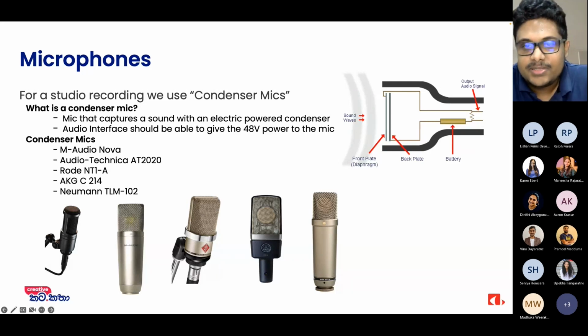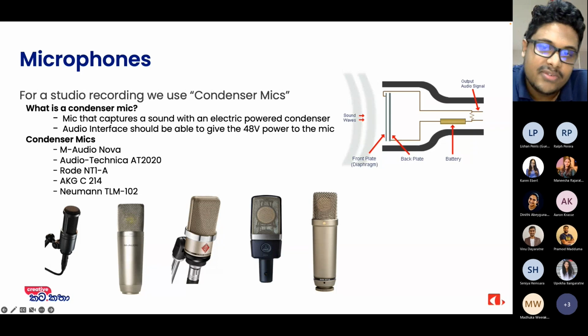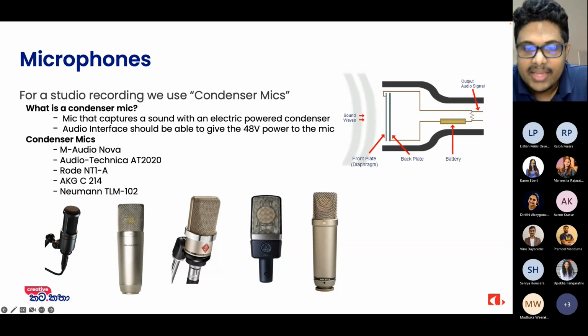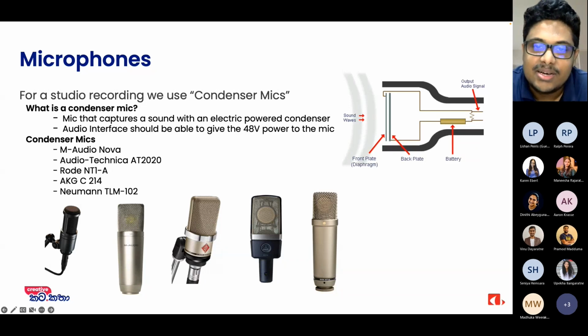To power up this microphone, we need to give it a separate 48 volt power. Then only the condenser will be powered up and start picking up every bit of detail that the microphone hears.